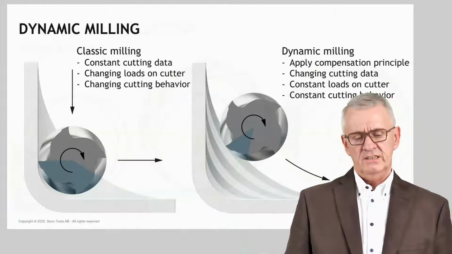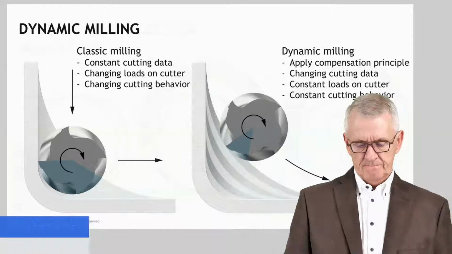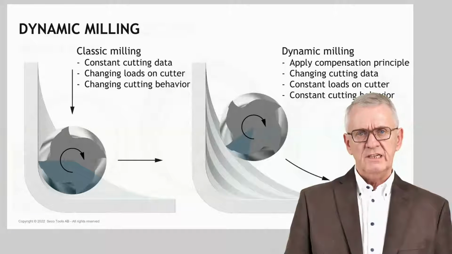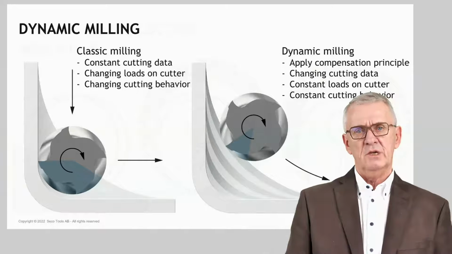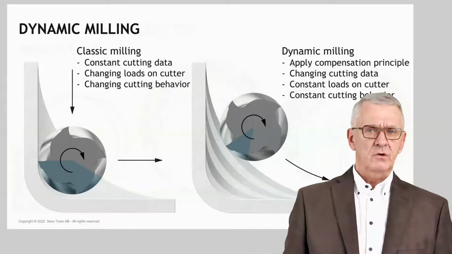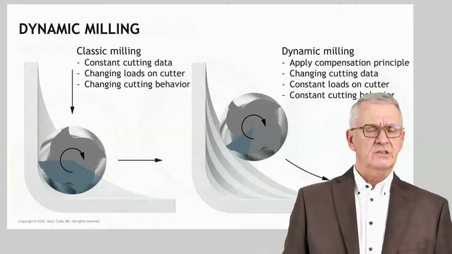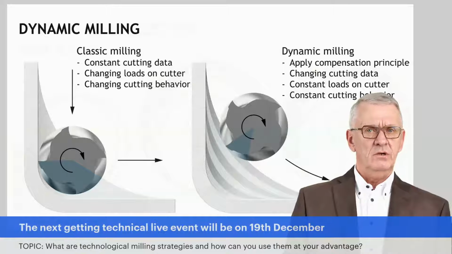Now, if you work with these things, as I already said, that is the difference between static, unified approaches, where I have one milling cutter and one set of cutting conditions, and dynamic approaches, where basically the word that should be used is variable.